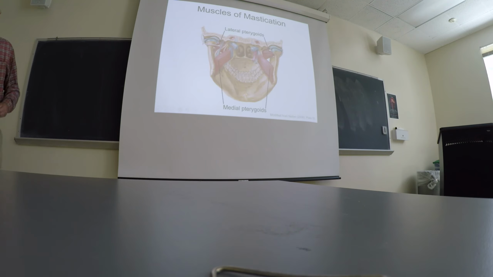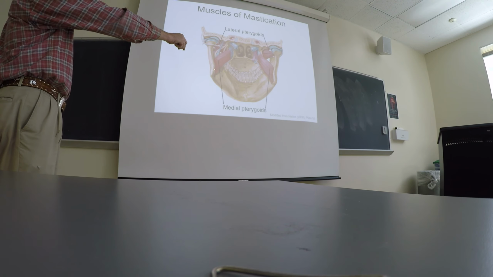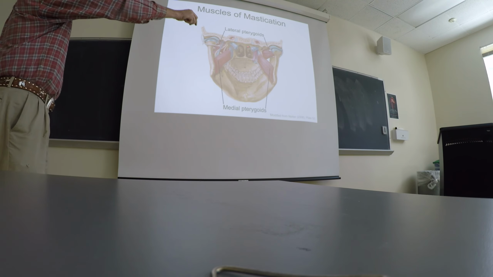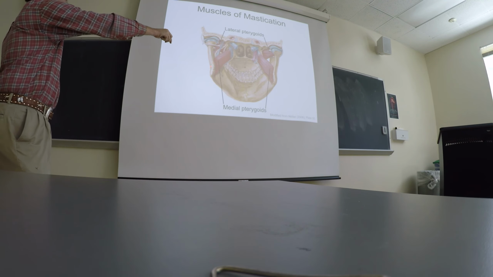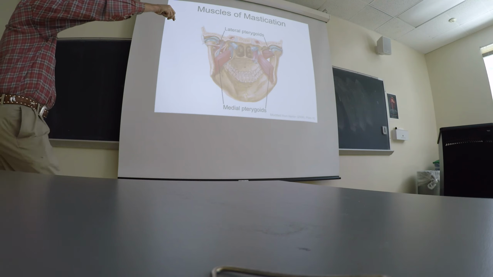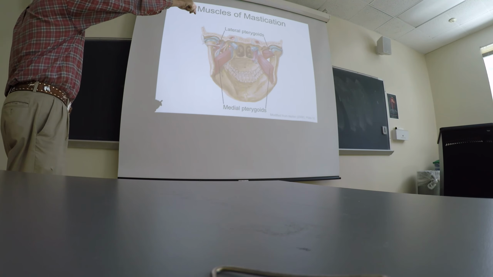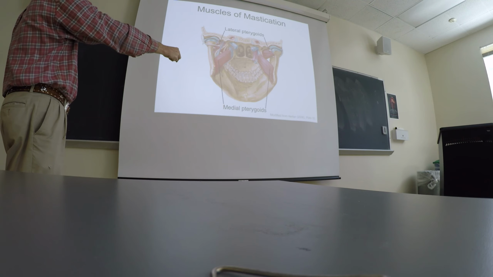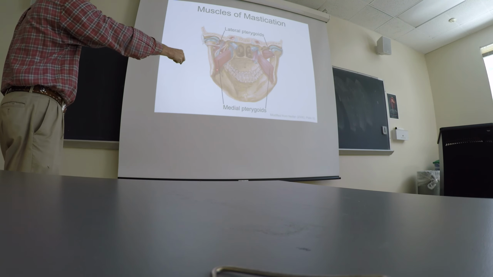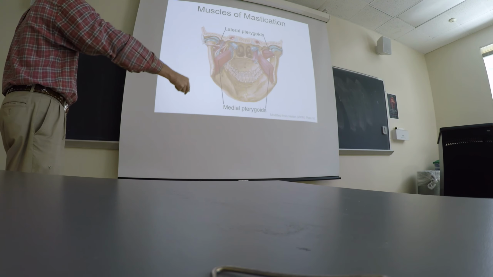So here's a posterior view. Here's the medial pterygoids, which you can see are coming from the angle of the mandible here and traveling medially into this area between the two pterygoid plates on the inside of the lateral pterygoid. So when this muscle contracts, it's going to move the lower jaw and the lower teeth medially.